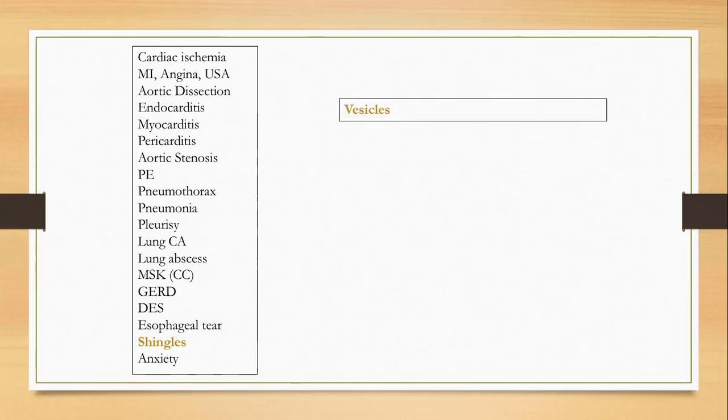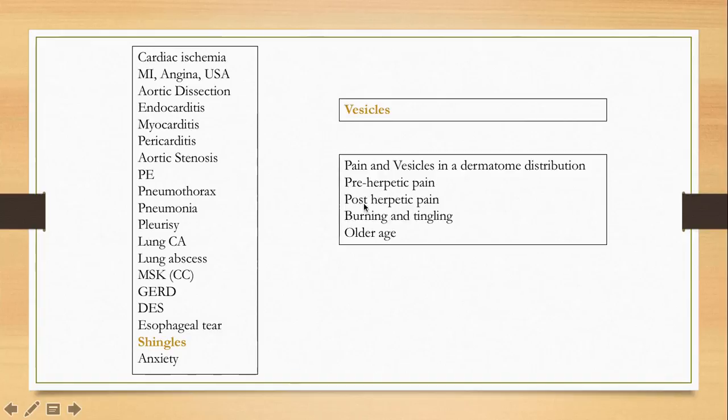Usually the pain is not very unique or characteristic of anything special, so you may not be able to get an idea that this is shingles until you look at the patient. That is something to keep in mind. And usually they have preherpetic and postherpetic pain, and it's burning and tingling, and usually these are going to be your older patients or immunocompromised patients who are at risk for developing shingles.